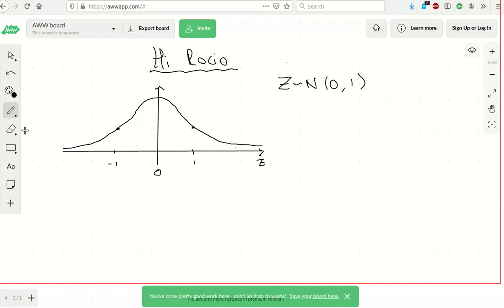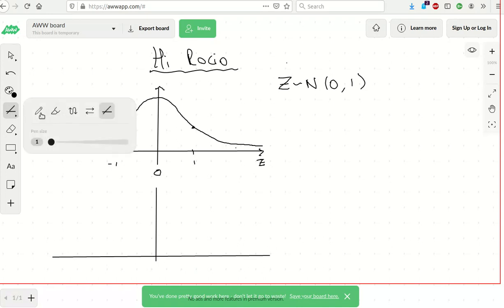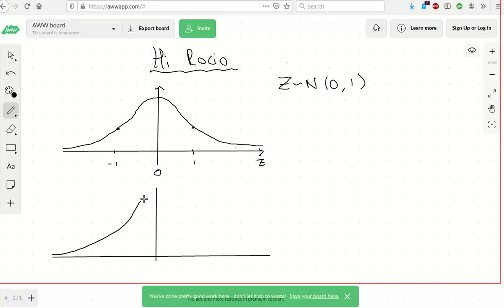Now let's take something else which is taken to be normally distributed, something which I strongly disagree with and also think is a waste of time: IQ. IQ was always taken to be normally distributed, and the mean is supposed to be 100, and the standard deviation is supposed to be 15.